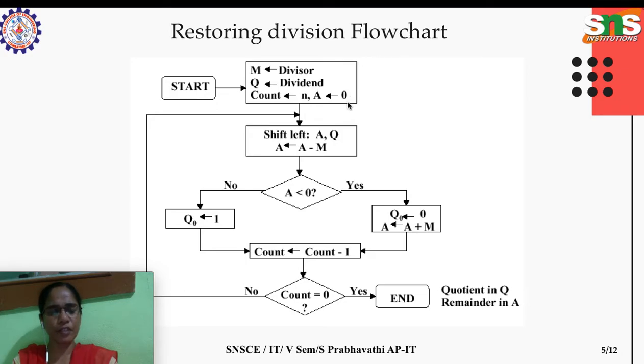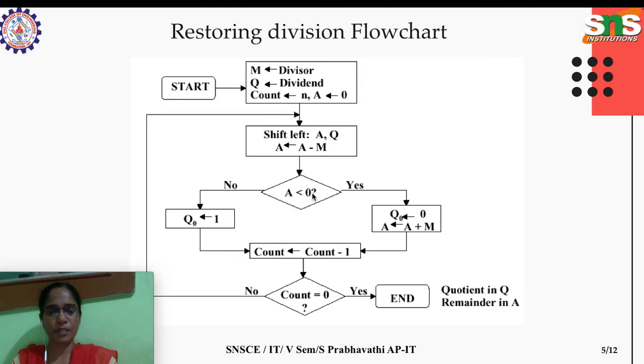At the very first step in the restoring algorithm, we shift A and Q towards the left. After shifting, we immediately subtract M from the A register. The result is stored in the A register, and we examine the MSB of the A register.